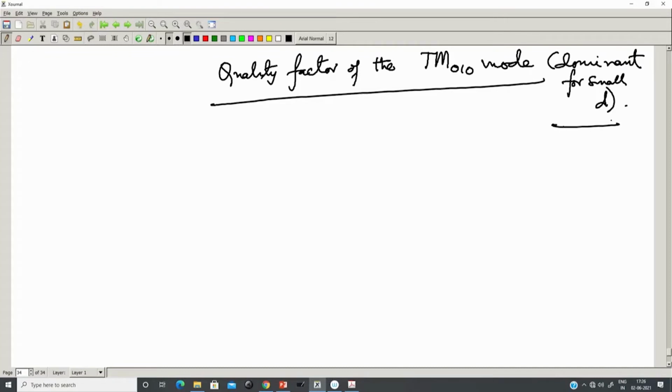So, we need to find out the fields, because we need to find out the energy stored. For that we need the fields, and we need the power dissipated on the walls, for which we also need the fields. So, first of all we need to find out the psi function for the TM010 mode. The psi 010 TM to z mode is given by J0 x 01 rho by a.